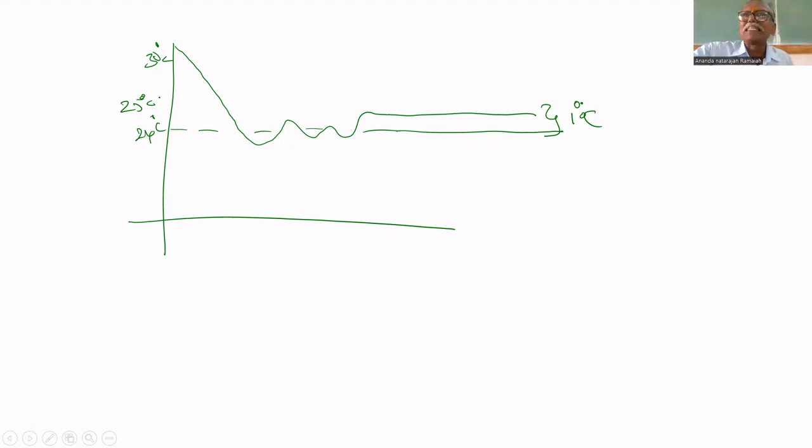Now the question is, this additional input is proportional to what?